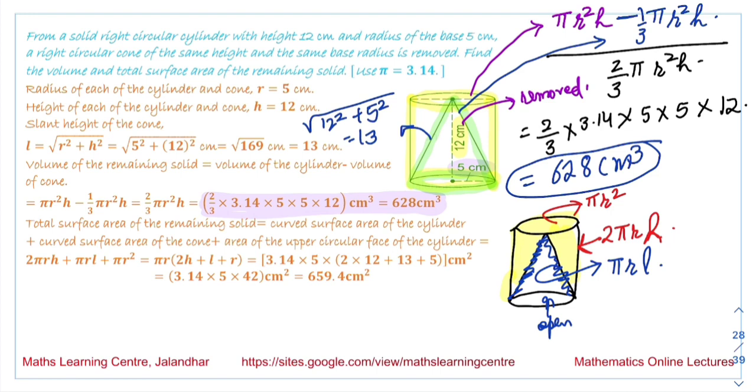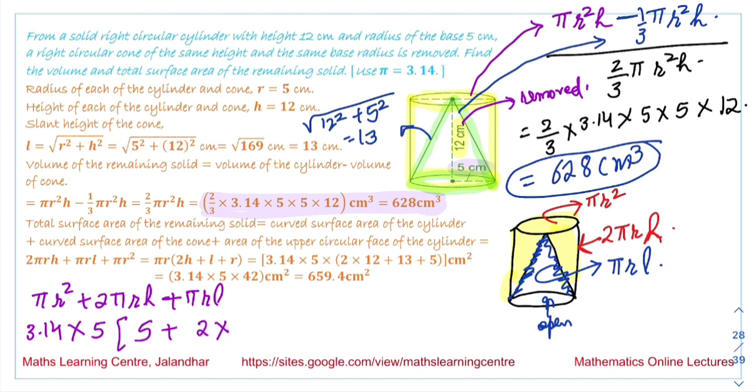On substituting, the answer is pi r square plus 2 pi r h plus pi r l. If we take pi common, that is 3.14, and r common, since the radius 5 is common in all these values, what we are left with is 5 plus 2 into the height 12, plus, for the last term, the value of L, which is 13.